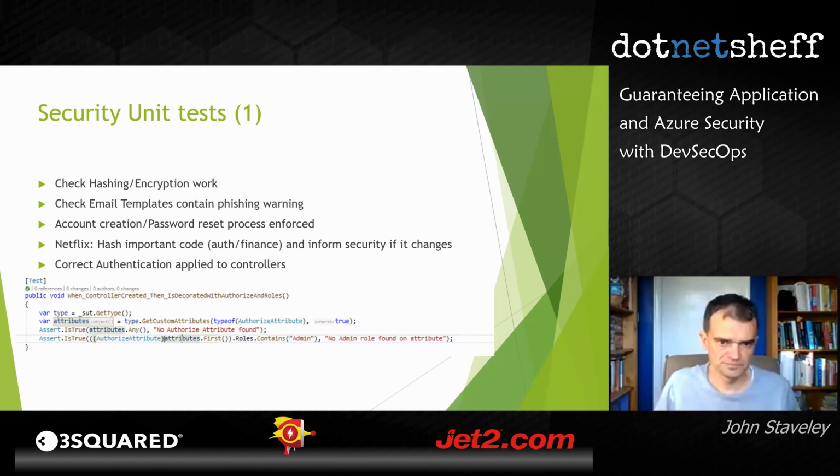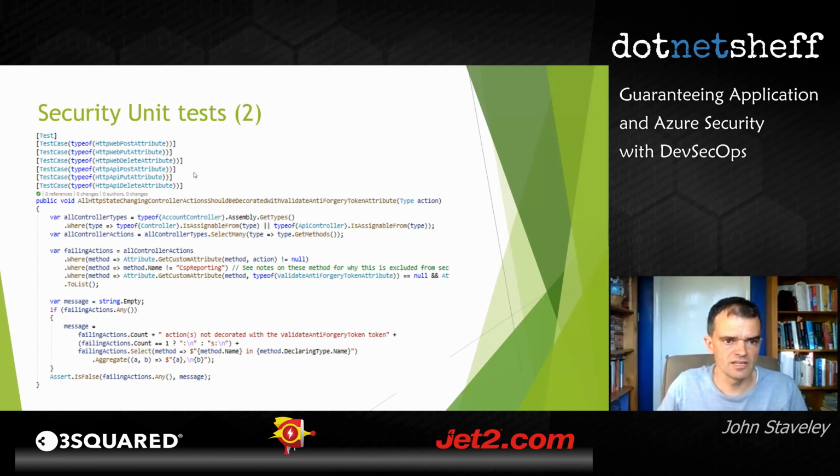This test, again via reflection, checks all of the controllers and checks that anything that's post, put, or delete is decorated with a validate anti-forgery token. So this, you'll be familiar with, is to prevent against cross-site request forgery attacks.